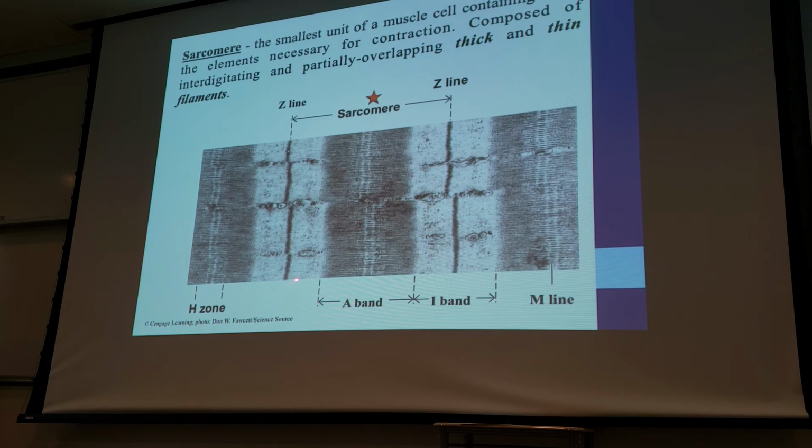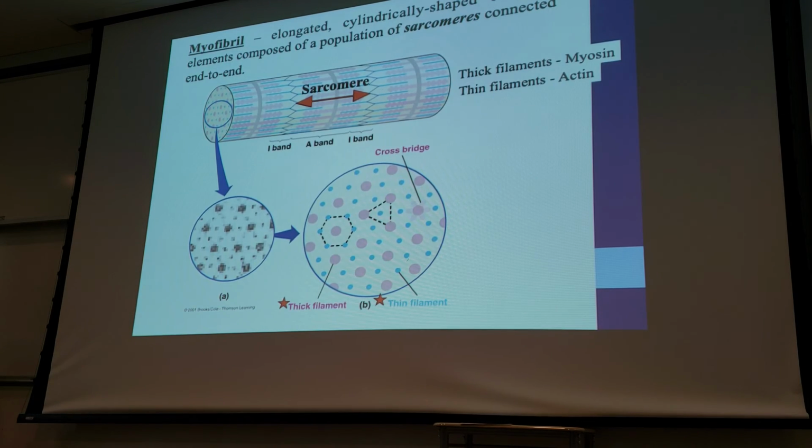And then those thin filaments come off from the perpendicular layer, and they stick in between these thick filaments. So there's an area where myosin is sitting, there's an area where we see actin all by itself, and then there's an area where the two of them overlap.